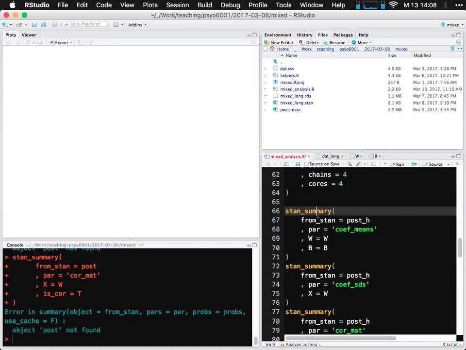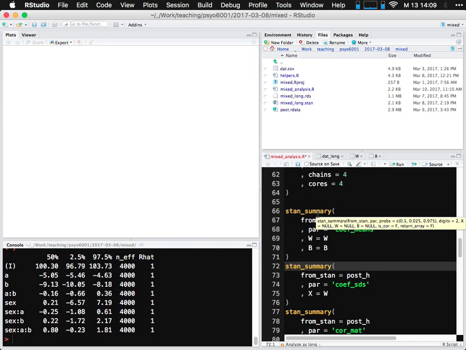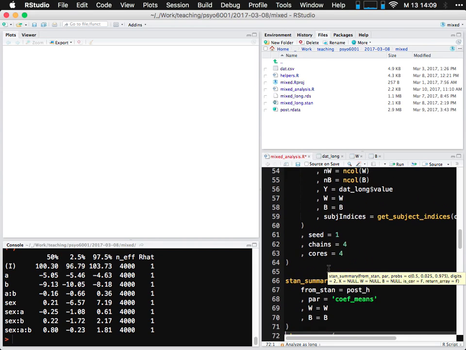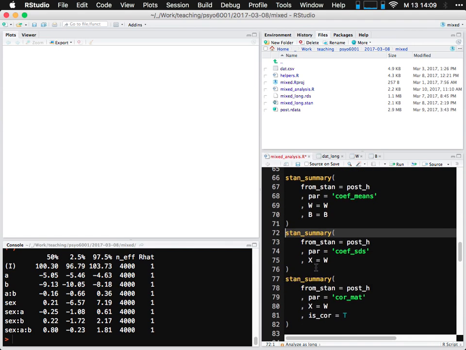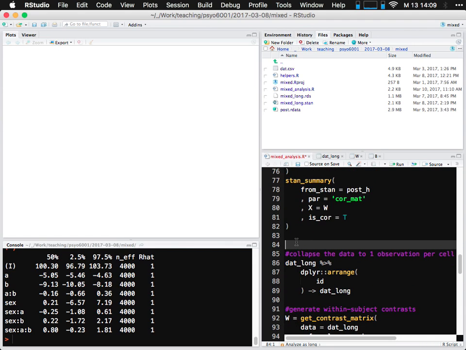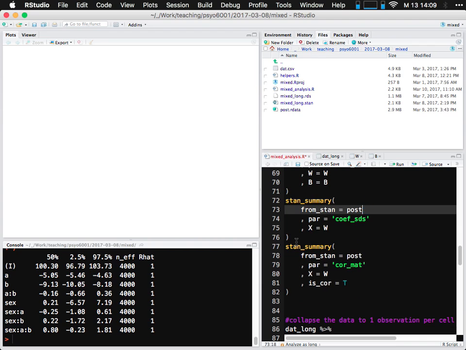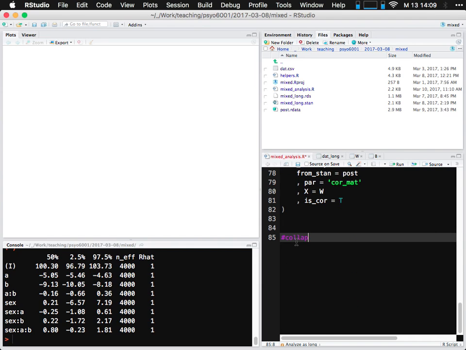Okay, so get from the posterior. Oh, A and B? What? Oh, I opened up the mixed analysis.